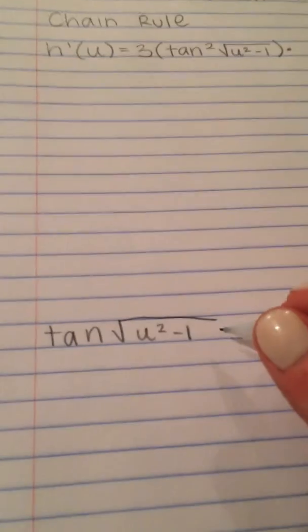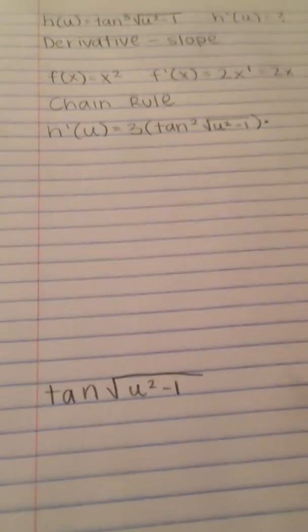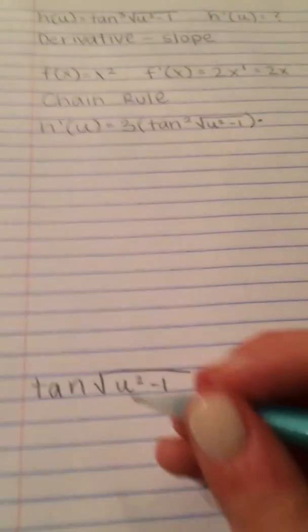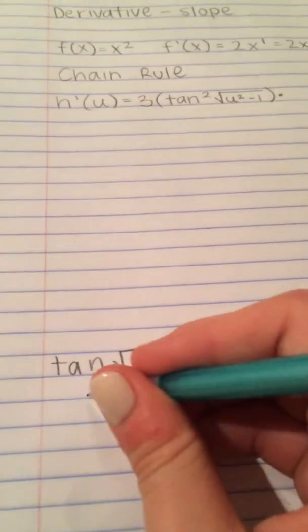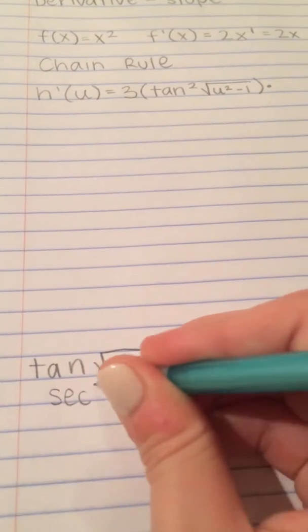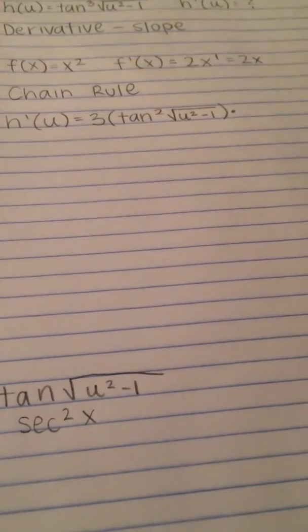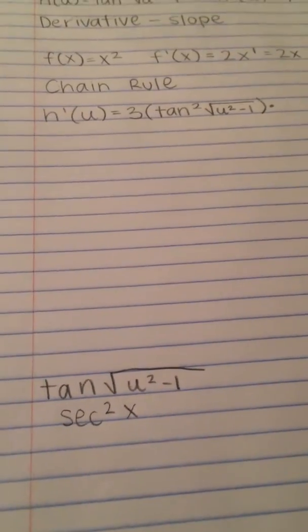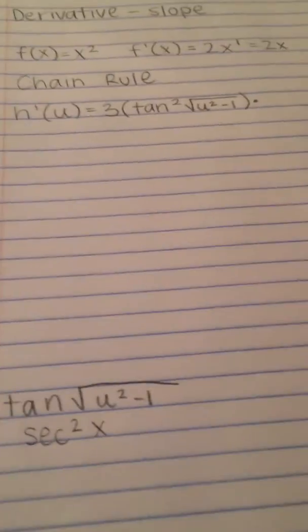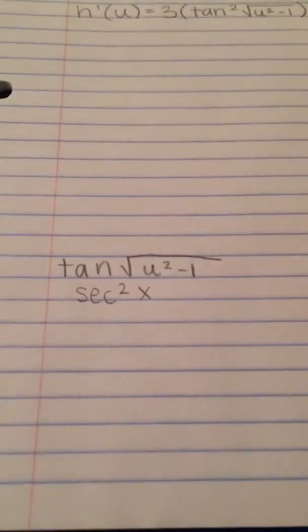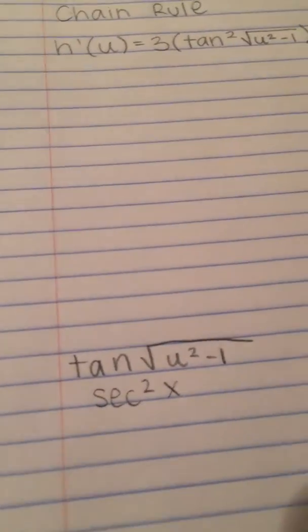Then you take the derivative of this. You need to know that the derivative of tangent x is secant squared x. That's just a rule of thumb. It's a trigonometric derivative. So this part's really simple. You just say secant squared of the square root of u squared minus 1.